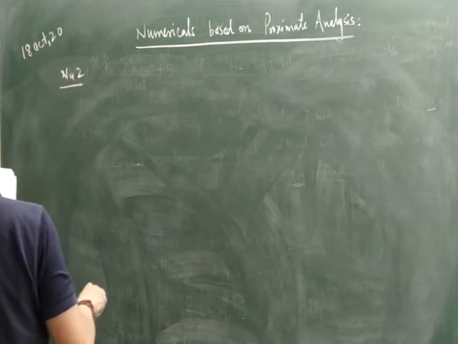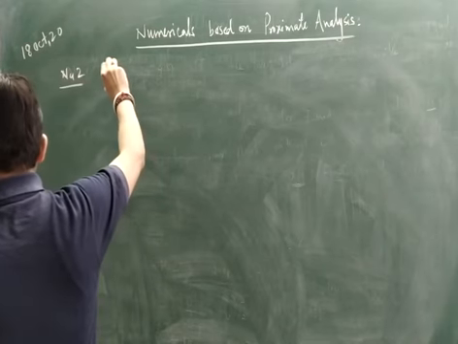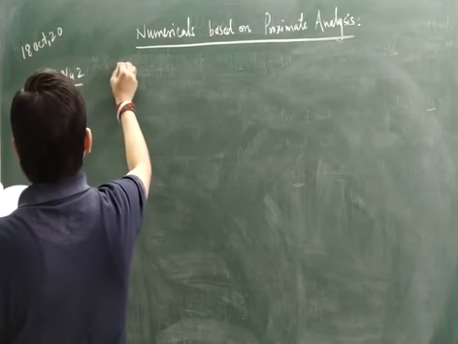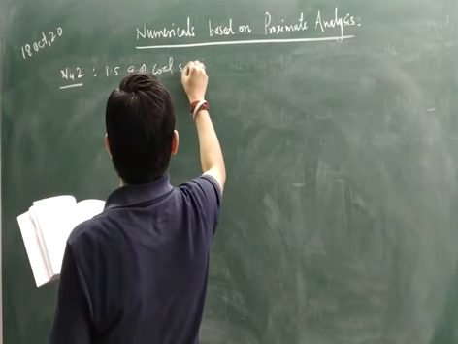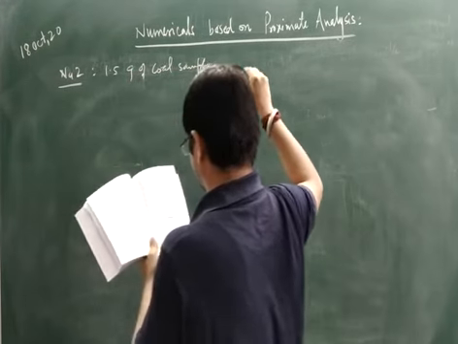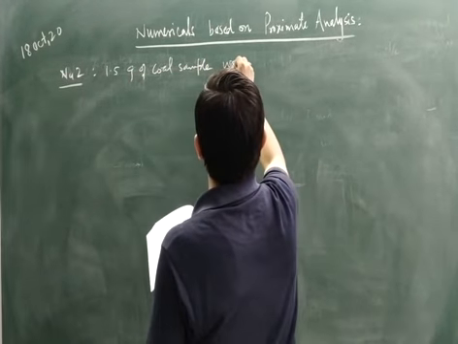The second numerical, 1.5 gram of coal sample was taken in silica crucible.